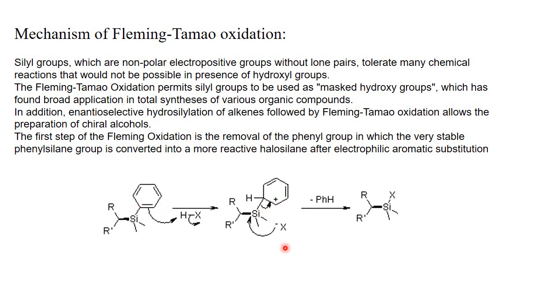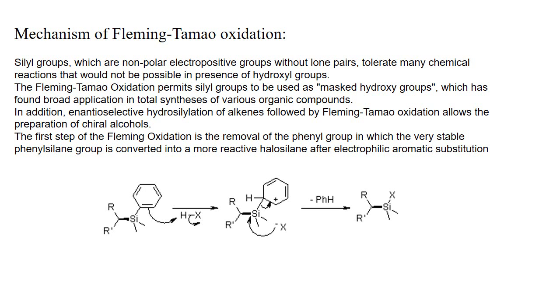The first step of the Fleming oxidation is the removal of the phenyl group, in which the very stable phenylsilane group is converted into a more reactive halosilane after electrophilic aromatic substitution. See over here, this is phenyl dimethylsilane.